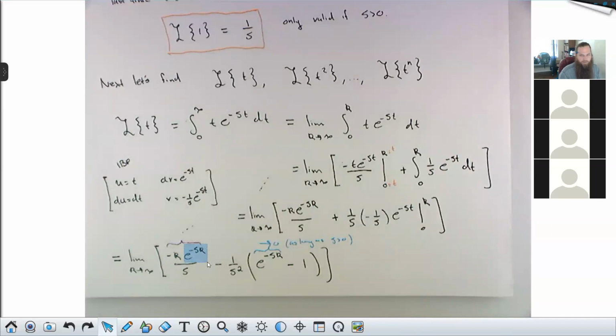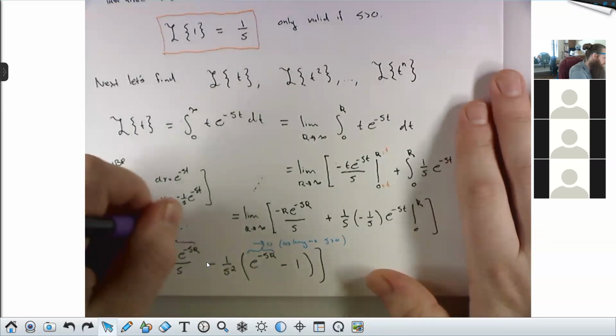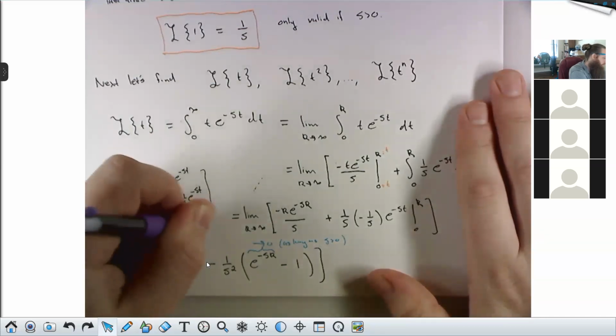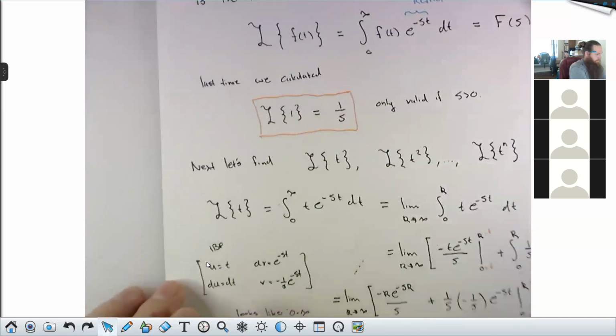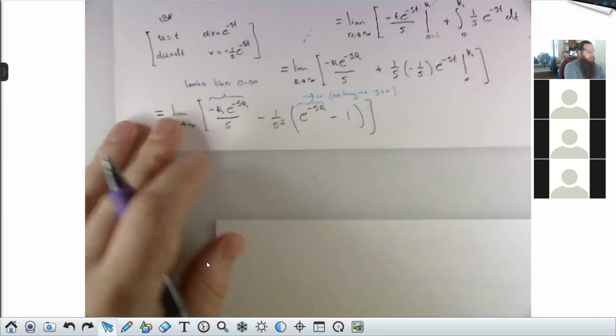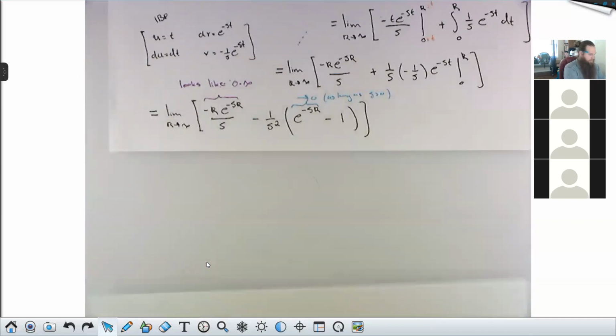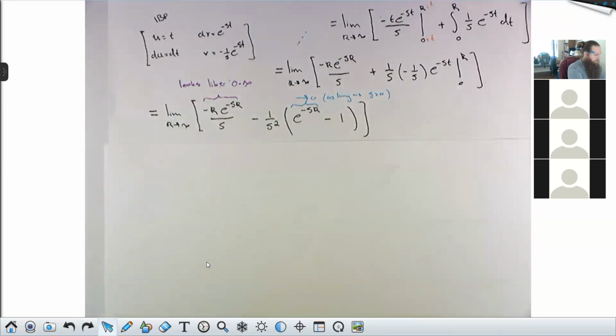And e to the negative sr, we just said that goes to 0. So this looks like zero times infinity, or infinity times 0. And what does that tell us? Remember Calc 1? It's undetermined. Yeah, it's an indeterminate form.